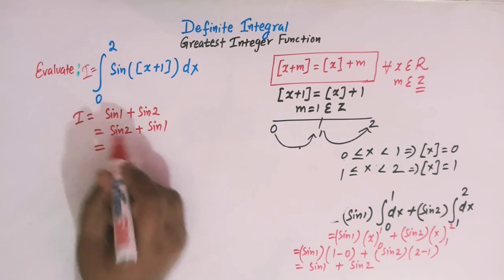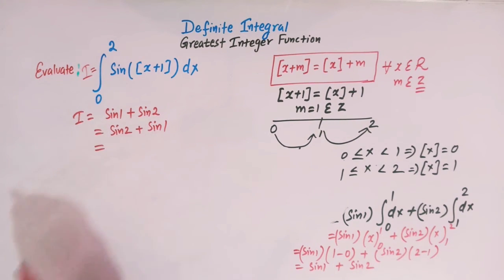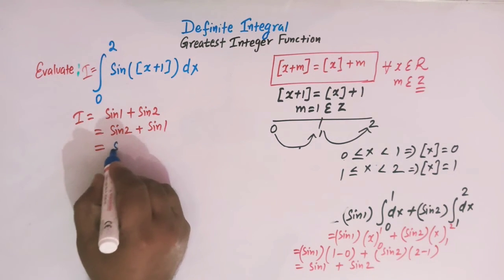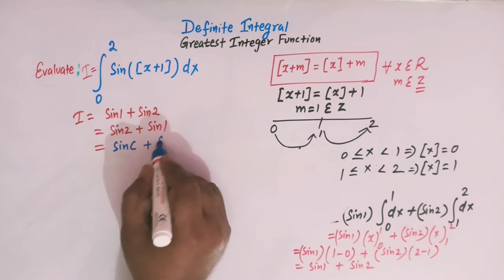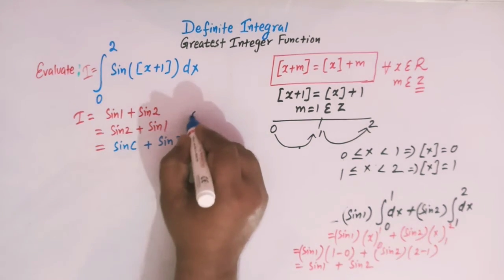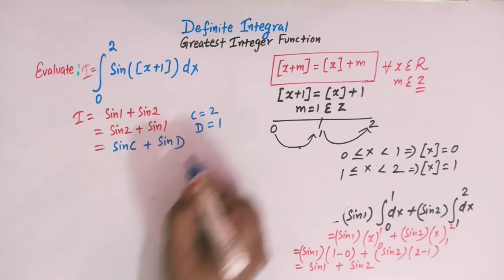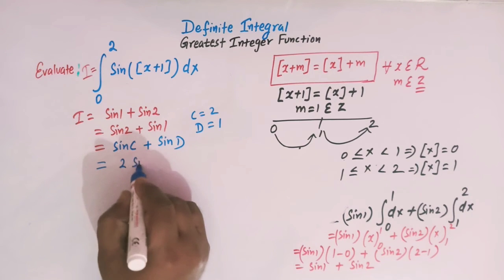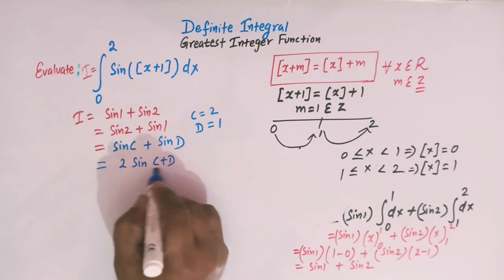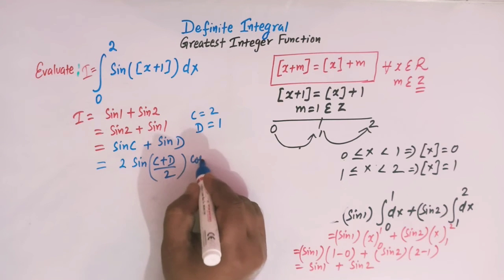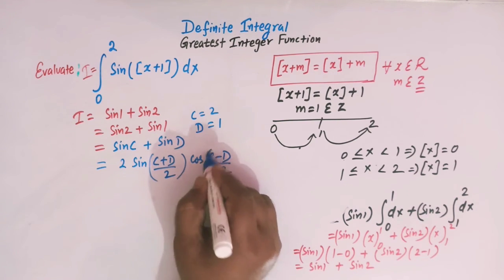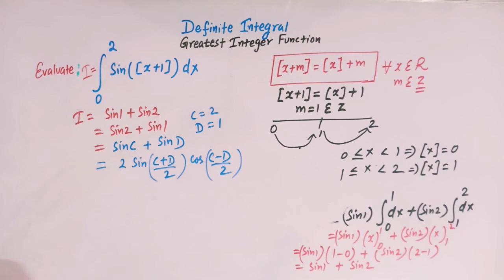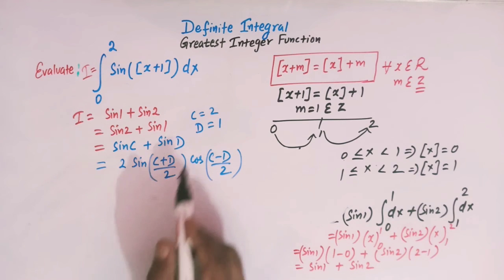If we make the trigonometric transformation, we can make use of the result for sine of c plus sine of d, where c is 2 and d is 1. Sine c plus sine d is given by 2 sine of (c plus d) over 2 times cos of (c minus d) over 2. These are simple results from trigonometry which we have to remember.